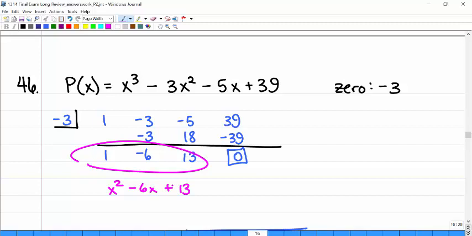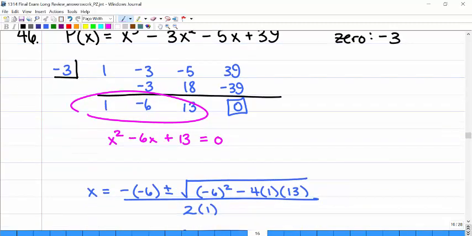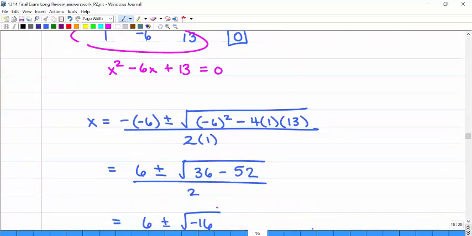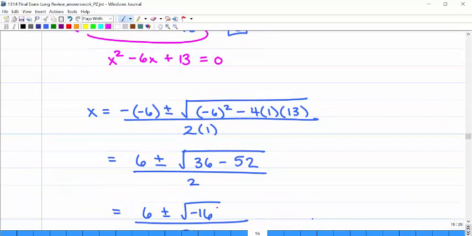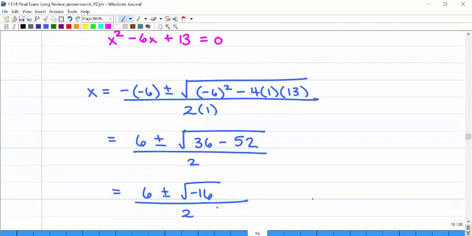To find my remaining two zeros, I want to set that equal to 0 and solve for x. Unfortunately, it doesn't factor nicely, so I need to use my quadratic formula again. For time's sake, the quadratic formula says -b plus or minus the square root of b squared minus 4 times a times c all over 2a. When I simplify under the radical, I get the square root of -16.